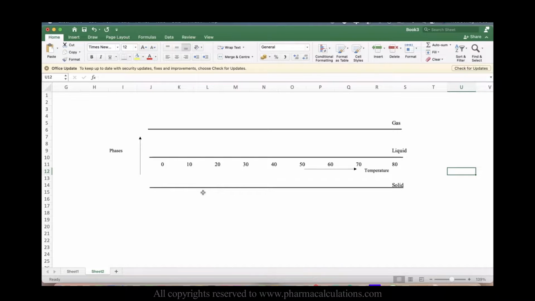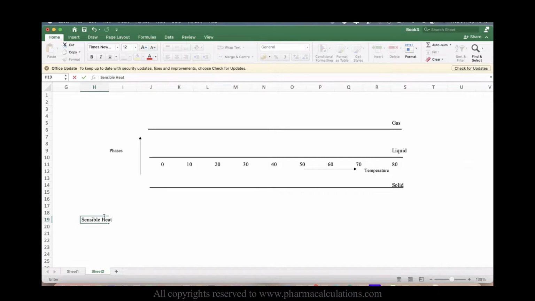What is the amount of energy required to have only a temperature change? It refers to sensible heat. Whereas latent heat is the reverse: the energy required only to have a phase change without any temperature change. So it is referred to as latent heat.